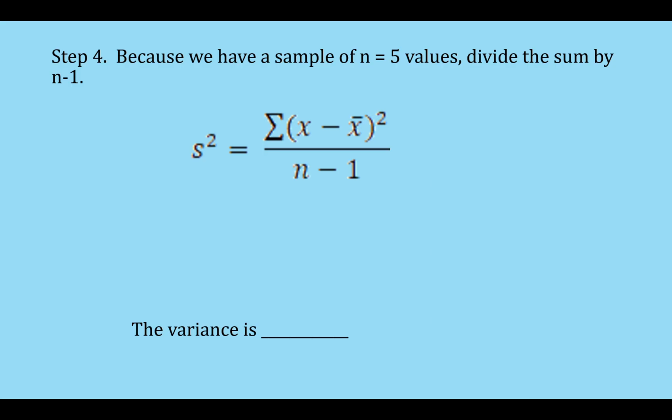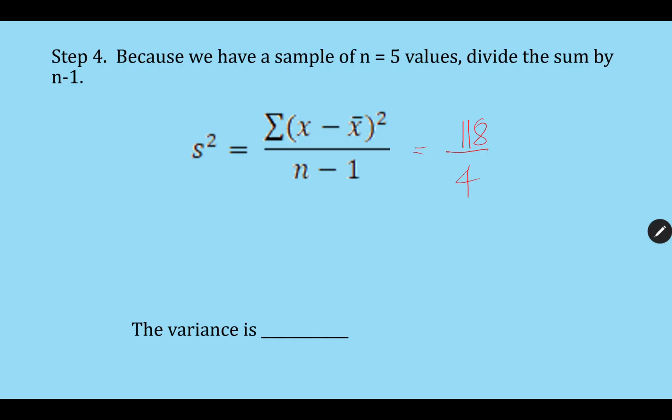Now, because we have a sample of n equals 5 values, we're going to divide the sum of 118 by n minus 1. So, we have now 118, which is our sum, divided by 4. Okay? So, what is it?